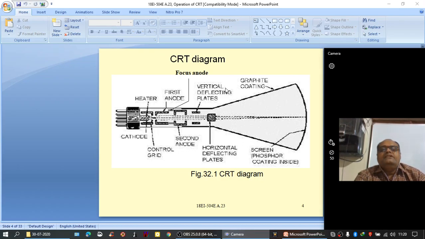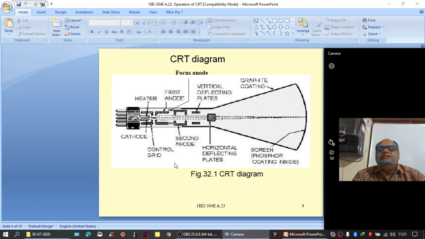CRT, that is cathode ray tube, is the heart of the CRO, and it is responsible for the visual display of the quantity that is applied at the input of CRO.